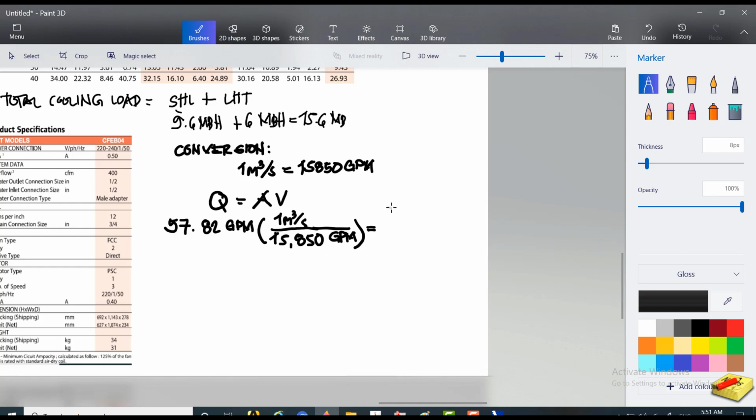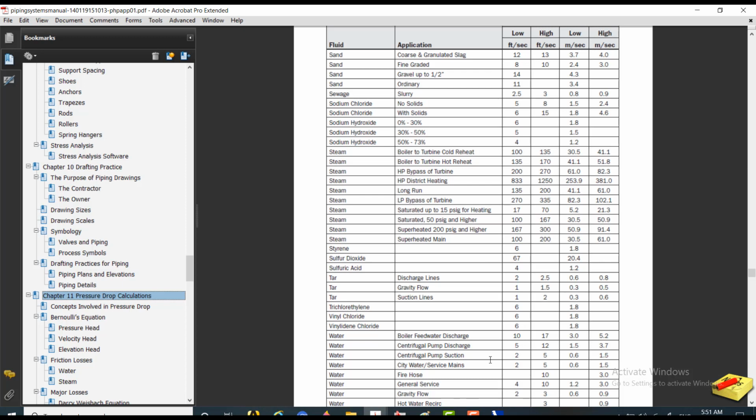So we have the area of your pipe, that will be π/4, then you have the d squared, then multiply by the velocity. So the velocity will be using, siguro, from the table, this one.